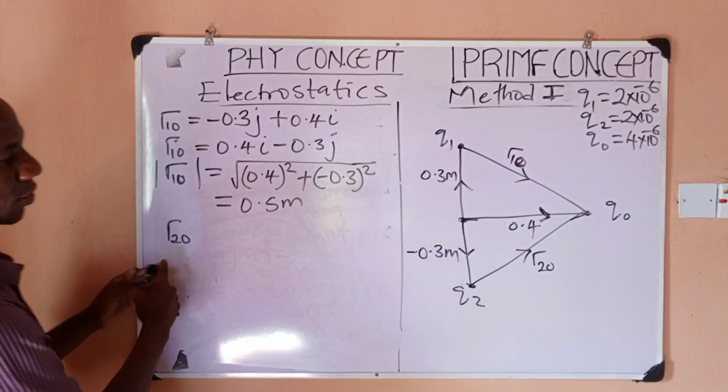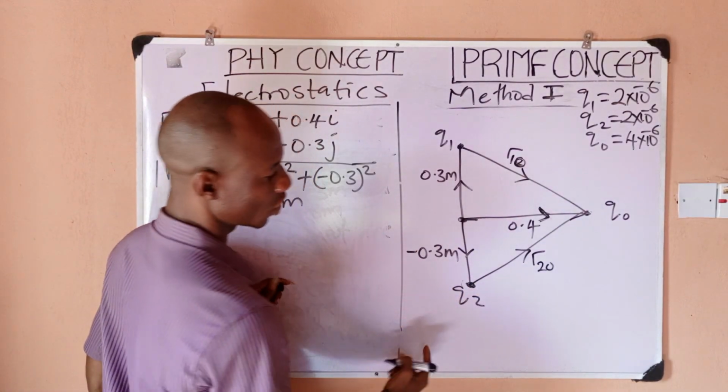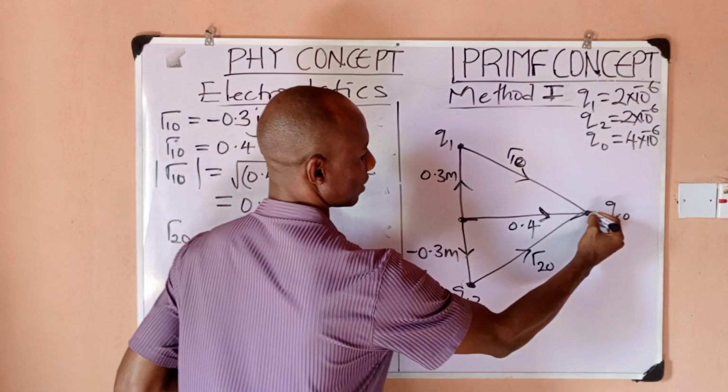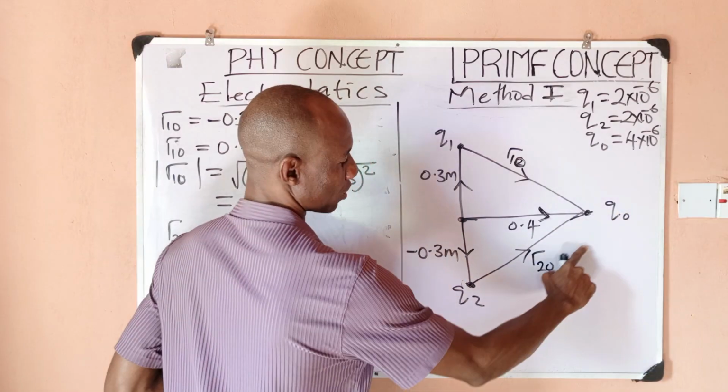Now R20: this is where we are at position 2. We can move like this to reach Q0, which is R20.